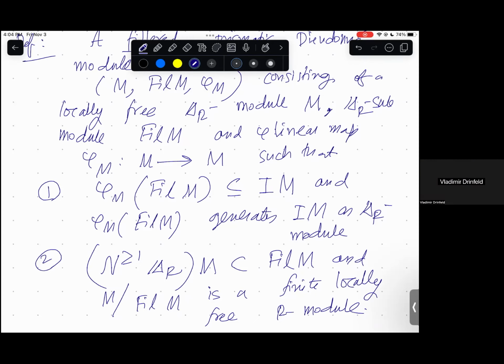And at some point, probably soon, Kazimierz Kowalski will give a talk about Thomas Zink's notion of display. And in this talk, you will see precisely this construction.